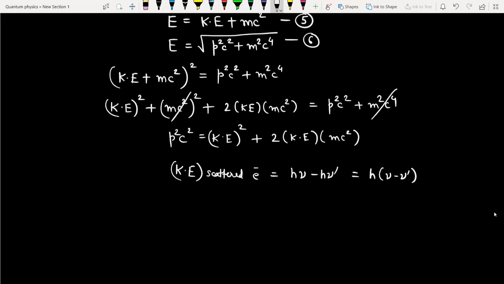Now we substitute this value of kinetic energy of the scattered electron in this particular equation.